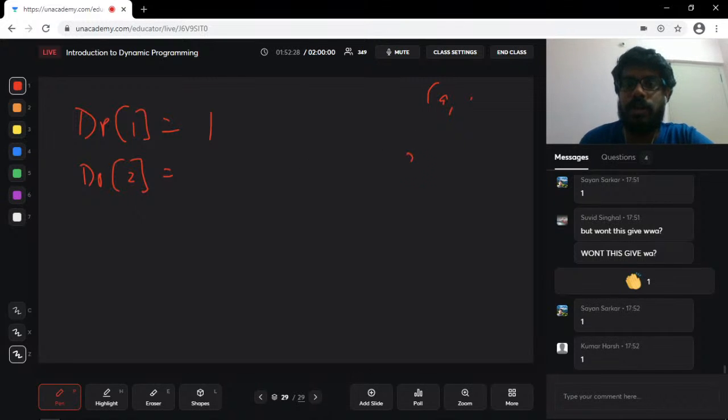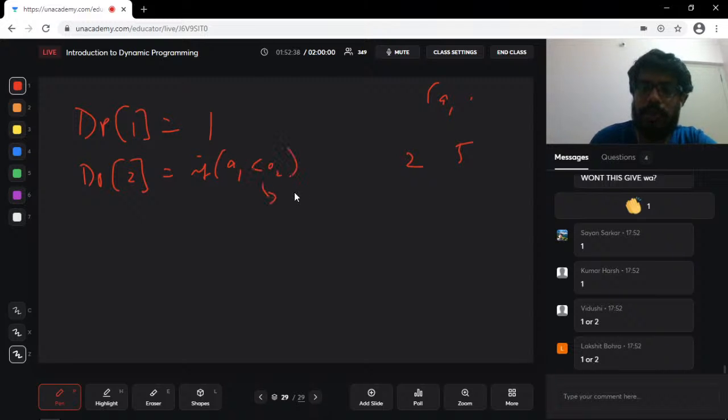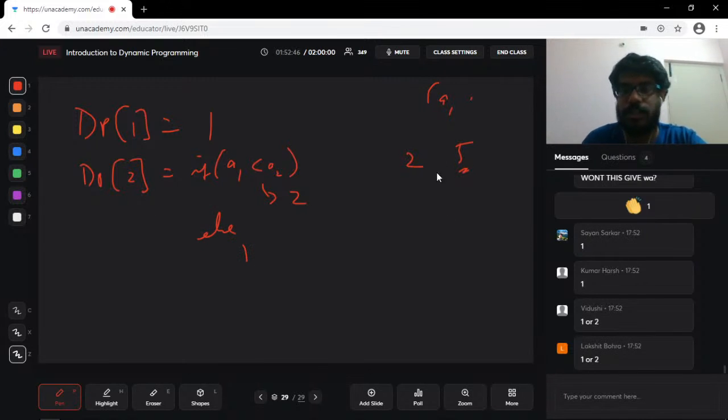If I have 2, 5, DP of 2 is going to be 2. If A1 is less than A2, then DP of 2 is 2 because I'll pick both A1 and A2. It ends at A2. Else, it is just 1. If it was 5, 2, I have to only pick 2. Earlier, I could have picked 5 as well, but now I have the constraint that it should end at AI, so I can only pick the last element. Either way, the DP length is just 1.